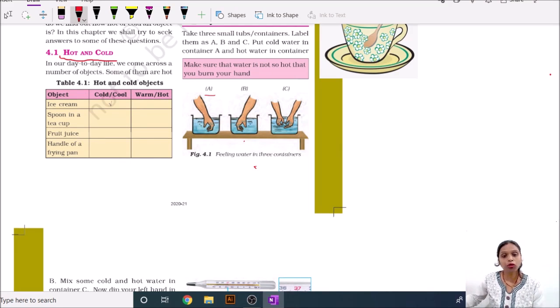Whenever you put your right hand in cold water and your left hand in warm water, and then at a glance take out both hands and put them into container C, what do you feel? Whenever you put your left hand in hot water, you feel that it is hot. Whenever you put your hand in cold water, you feel that it is cold.